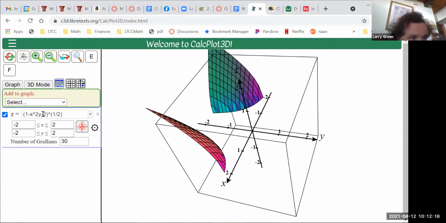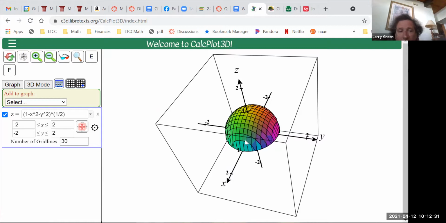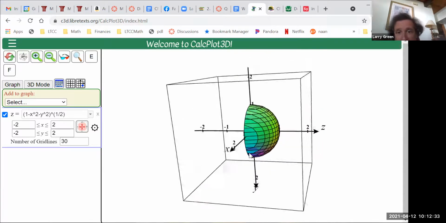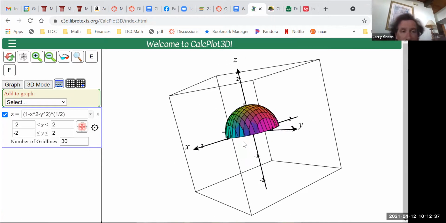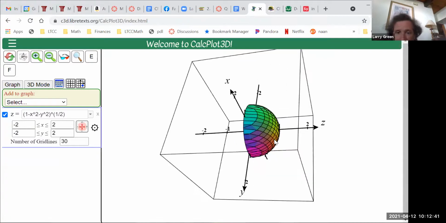There's the minus, that's better. And there's my sphere. This is going to be the hemisphere because I didn't put the negative part. Any questions on a sphere?